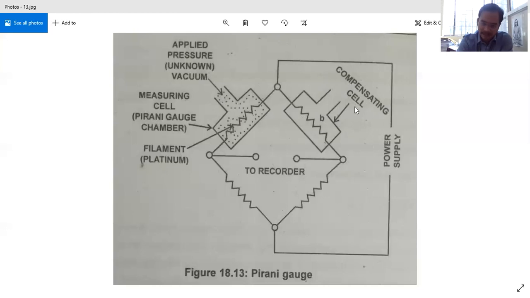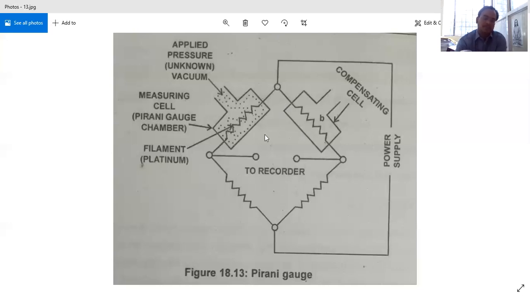Its function is to keep the environment always suitable for the Wheatstone bridge to measure the vacuum pressure. These are the parts of a Pirani gauge.